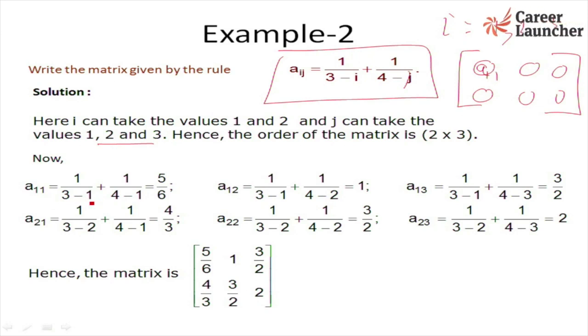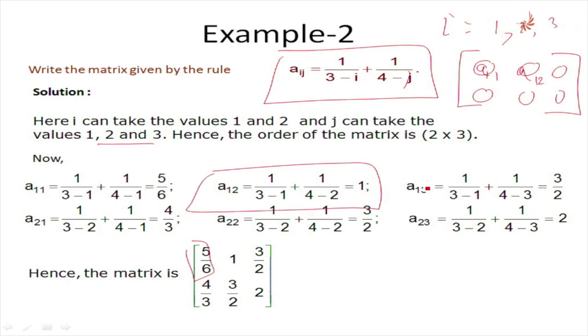So when we put it here, the first element comes out to be 5 by 6. Likewise when we put in the second element 1 comma 2, the element comes out to be 1, and likewise the other elements are given here. So the matrix at the end becomes 5 by 6, 1, 3, 2. It's a 2 by 3 matrix.